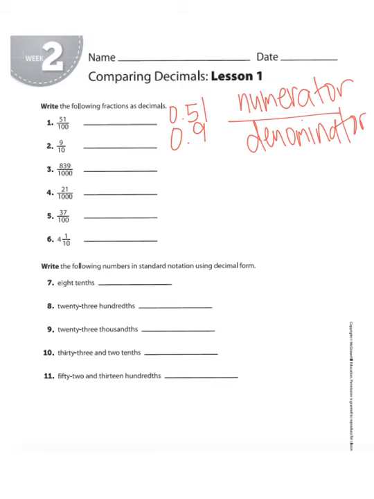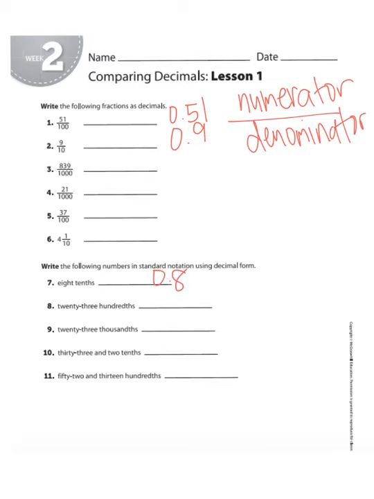And then 7 through 11, you're going to write the following numbers in standard notation using decimal form. So again, this is where you might want to use a place value chart. So 8/10 would be 0.8. And there are no other ones like that.